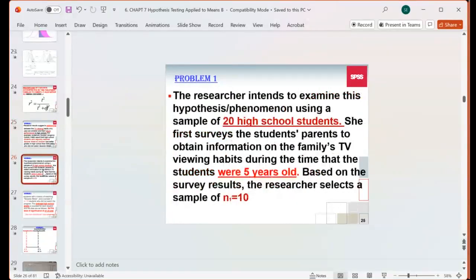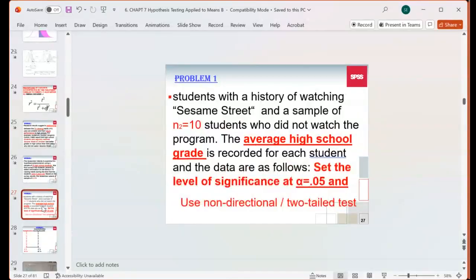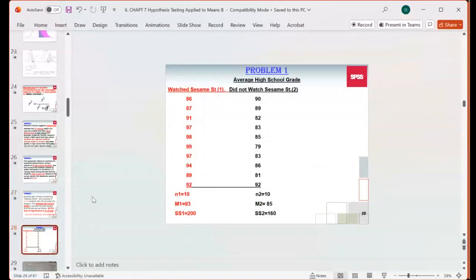We have 20 high school students, and we asked the parents if, when they were 5 years old, they watched Sesame Street or not. There are 10 students in each group, 10 said yes, 10 said no, according to the parents. We set the alpha at 0.05, we used two-tail, and here's our data.